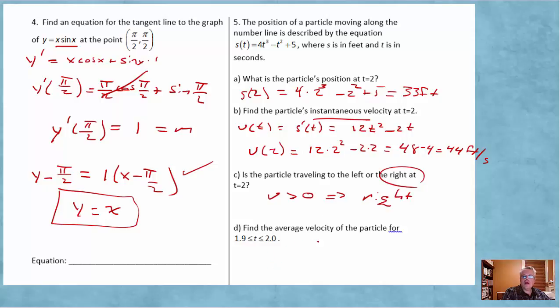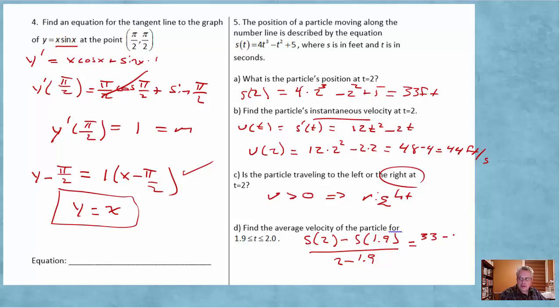Okay, find the average velocity in this time interval from between 1.9 and 2. So we got to do s at 2, which we already found, minus s at 1.9 divided by 2 minus 1.9. Okay. S of 2, well, we had that above. That's 33.